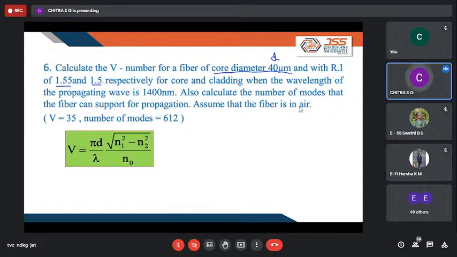Then the wavelength of the propagating wave lambda is 1400 nanometer, which you convert into meter by 10 raised to minus 9. First you calculate the V number, and once you know V, then you calculate the number of modes.